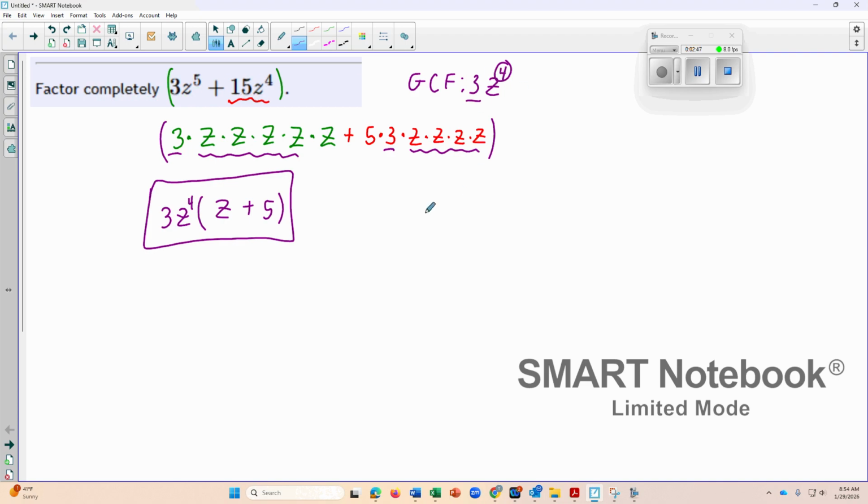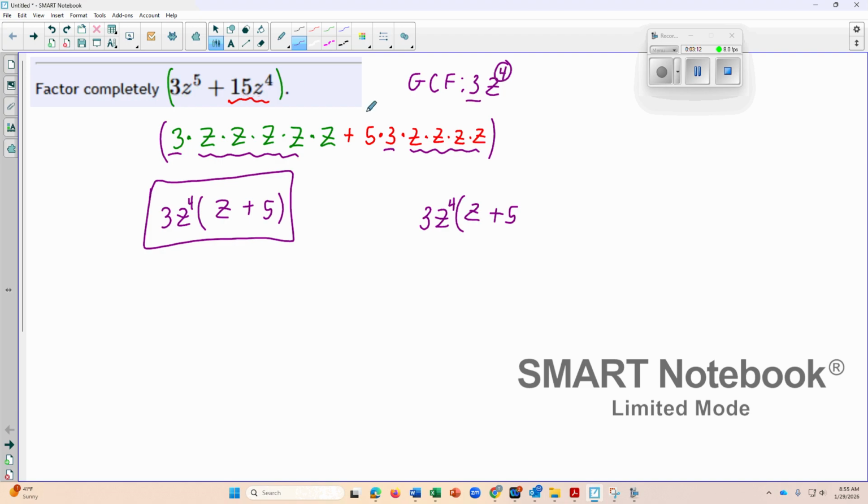And so once you figure out that that's the GCF, the greatest common factor, then in your head, what you do is undistribute it. You're basically dividing each term by that. And so if you were to divide this by 3z to the power of 4, you're just left with that z. And then 15 divided by 3 is going to be 5.